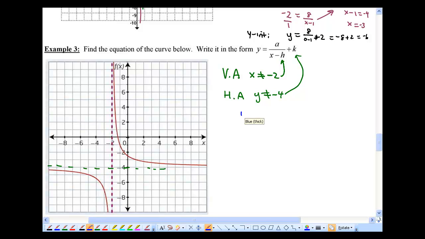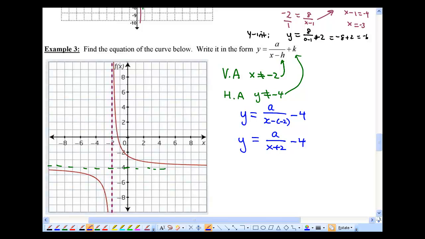So right away, you have already solved for 2 of the unknowns. You have now a over x minus -2, minus 4, or I'll simplify this to a over x plus 2, minus 4. However, you still need to solve for a, so how are we going to do this? Well, once again, x and y are coordinates on this graph.